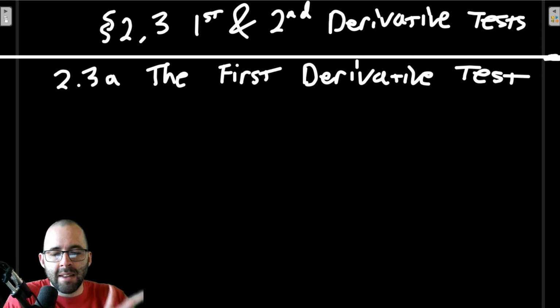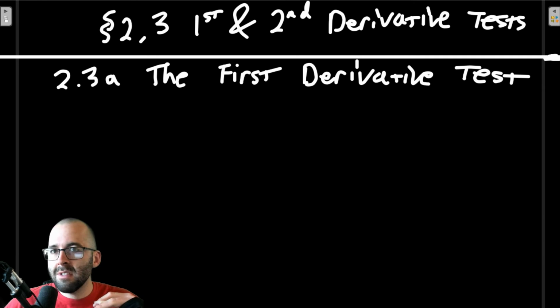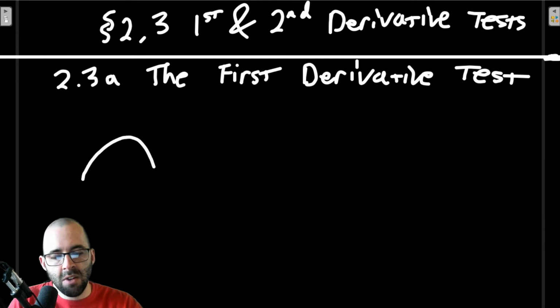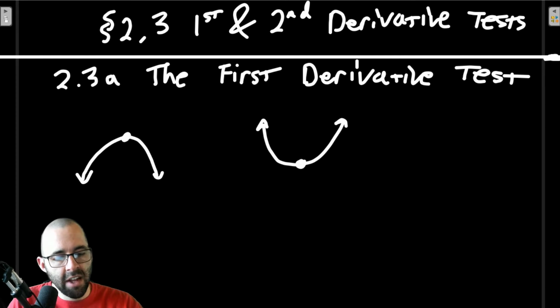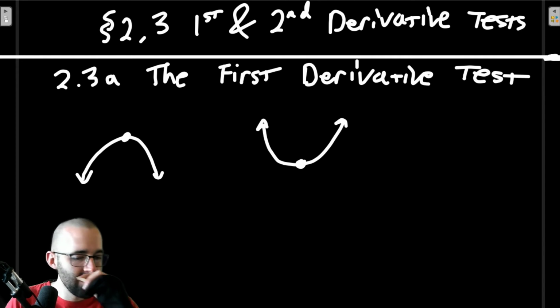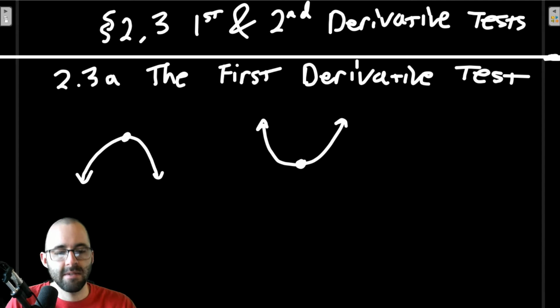So we're going to relate what we talked about in the last couple sections with local extrema today. All right. So the idea is if we look at a local maximum or relative maximum, we use those words interchangeably. And if we look at a local minimum, then locally, what they look like is this.